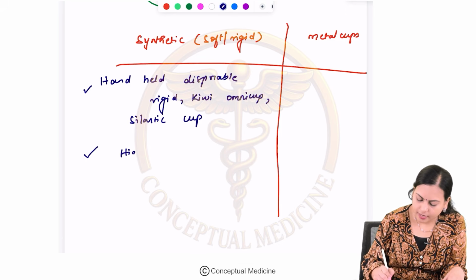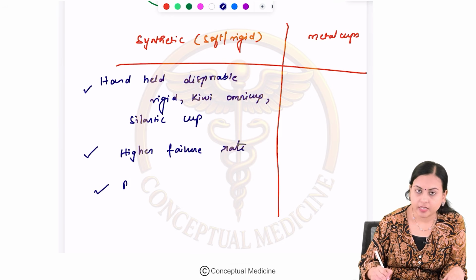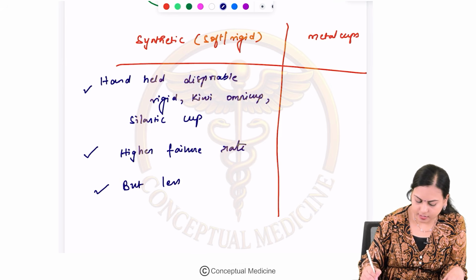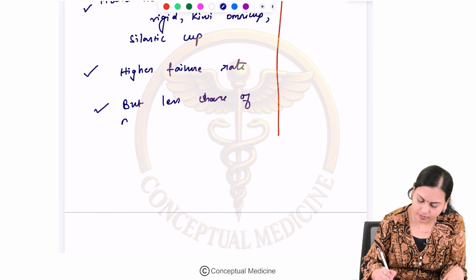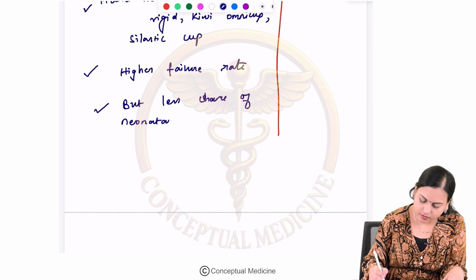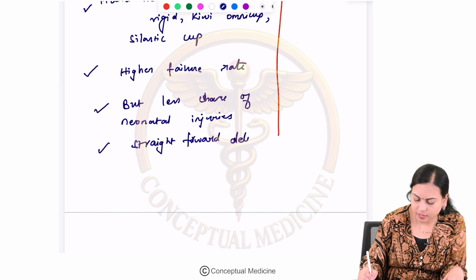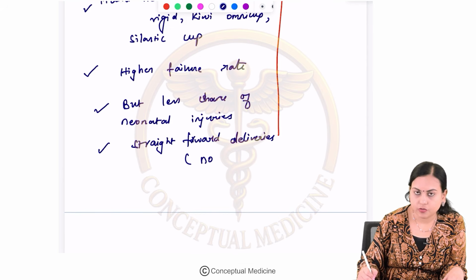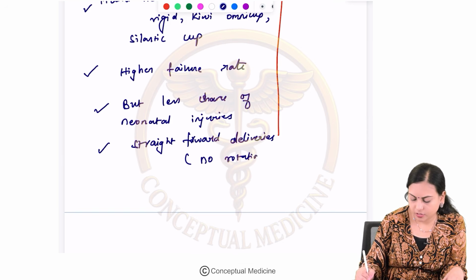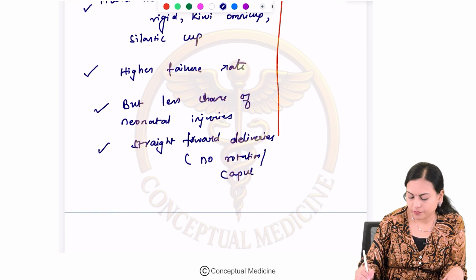Okay, and this has a higher failure rates, but they have less chance of neonatal injuries. Okay, so this can be used in straightforward deliveries. For example, when there is no need of any rotation or caput.